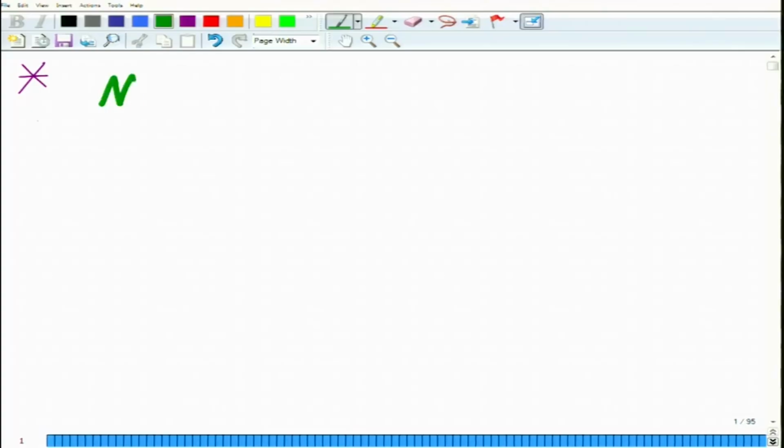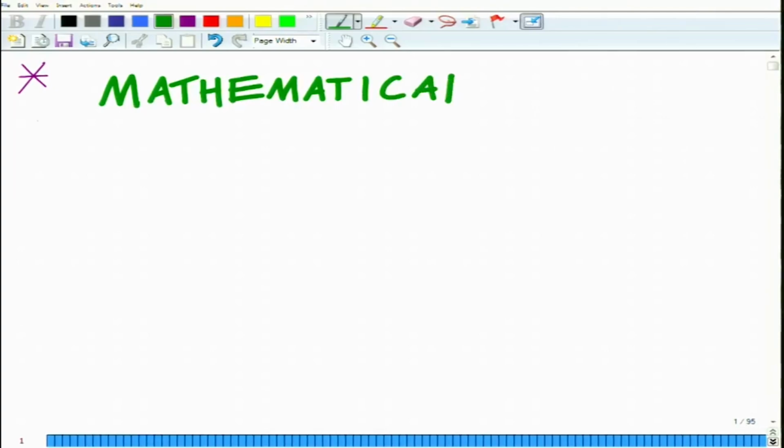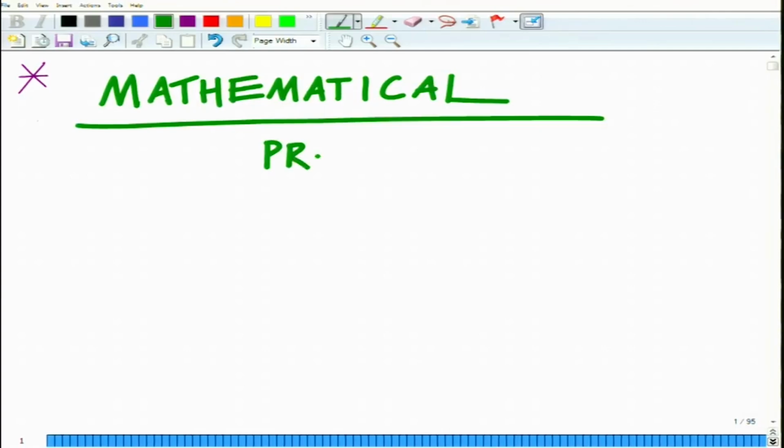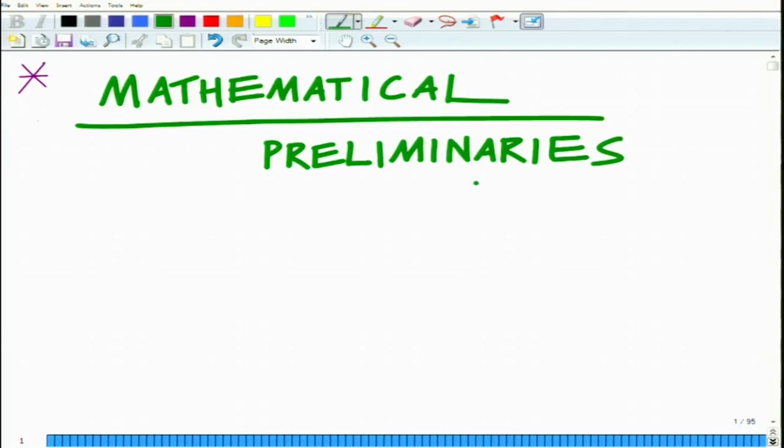So, we want to start with the mathematical preliminaries, the notation and so on that we are going to use frequently in our treatment of optimization in order to describe the various concepts of optimization.